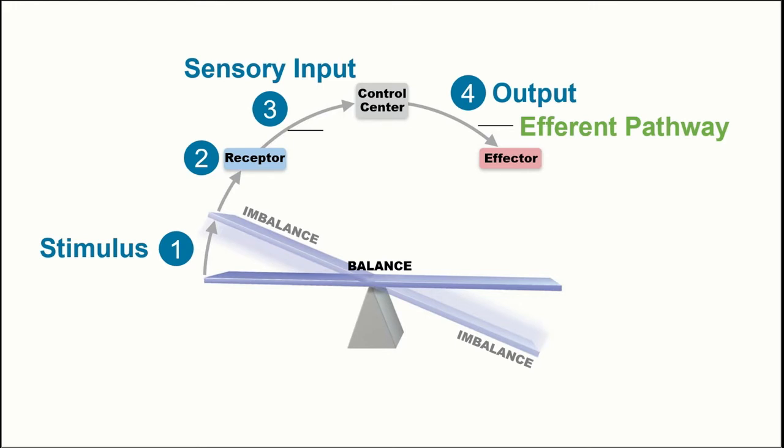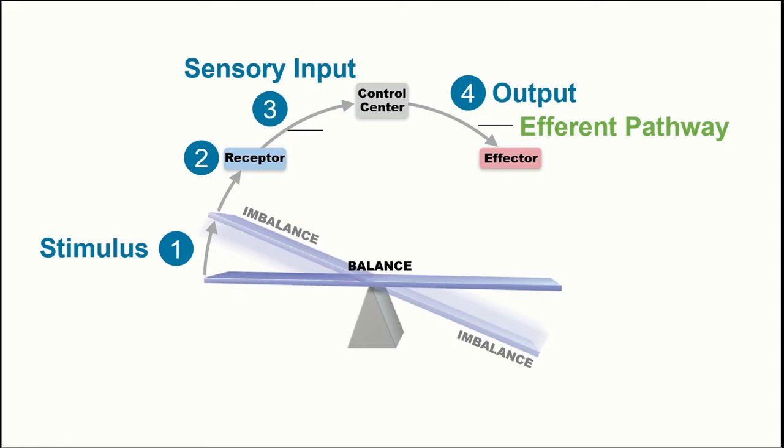So once our control center decides an appropriate response to the stimulus, it issues some output commands through an efferent pathway. Think of the efferent pathway, because it begins with an E, as information that is exiting the control center. Output from that control center is sent to a structure called an effector. An effector is really just defined as a structure that carries out the body's response to a particular stimulus.